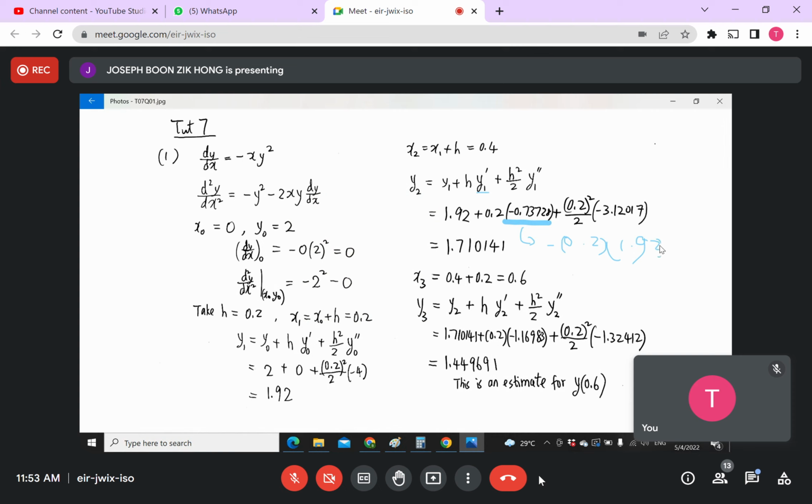And then square, my right hand, negative 0.2, and then 1.92 square. So I get this one. You can try that.